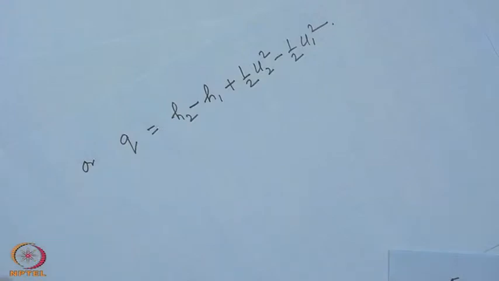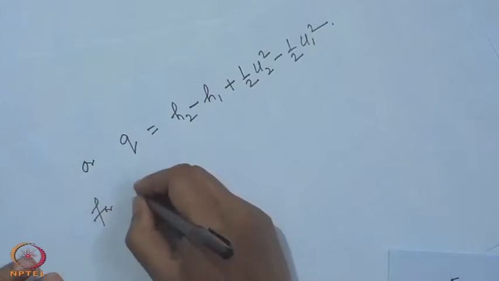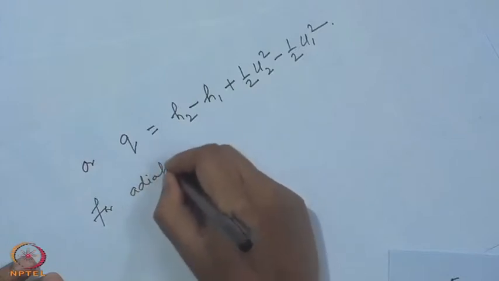If the flow is adiabatic, then Q is 0, that is no heat is added to the system nor taken away from the system.